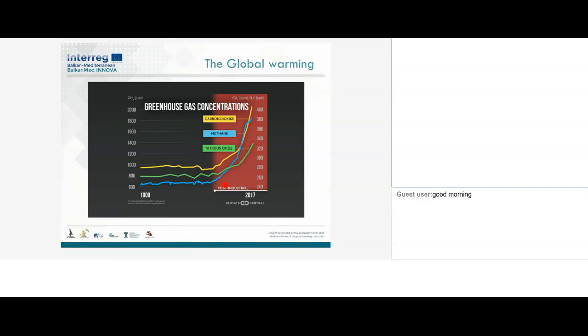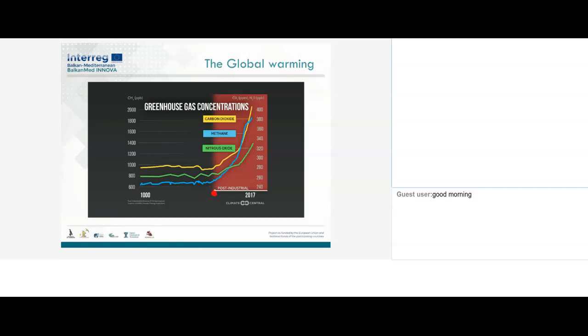You can see in this graph the concentrations of three main greenhouse gases: carbon dioxide, methane, and nitrous oxide. For centuries, okay, from 1000, for 10 centuries now, their levels were stable, okay, and rather low. So we had no big fluctuations in the concentrations of all these three gases.